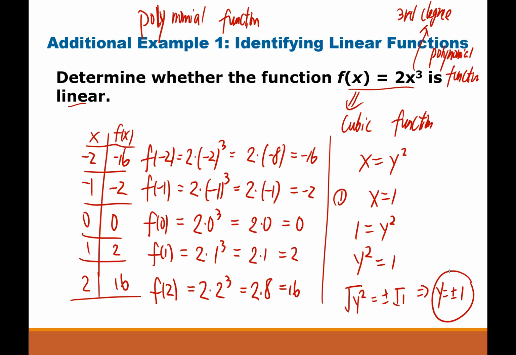Now, as you can see, one x value produces two y values. That's why this is not a function. So this particular notation is not a function because one x value produces two y values.